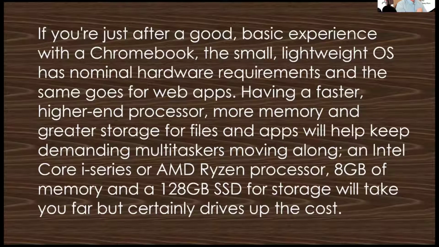Having a faster, higher-end processor, more memory, and greater storage for files and apps will help keep demanding multitaskers moving along. An Intel Core i-Series or AMD Ryzen processor, 8 gigabytes of memory, and a 128 gigabyte SSD for storage will take you far, but certainly drives up the cost.